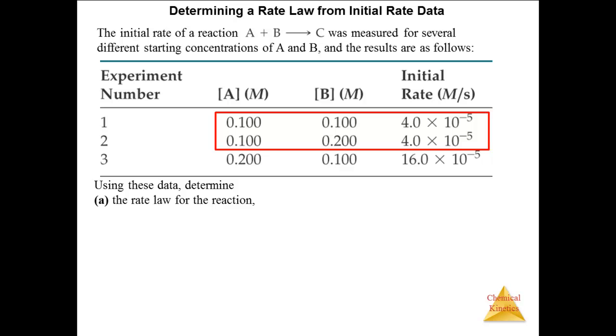If we look at experiments 1 and 2, we see that the concentration of A does not change, while the concentration of B doubles. However, the rate of the reaction does not change. This means that the reaction is zero order in B. This means that the rate of the reaction does not depend on the concentration of B. Remember that anything raised to the 0 power is 1.